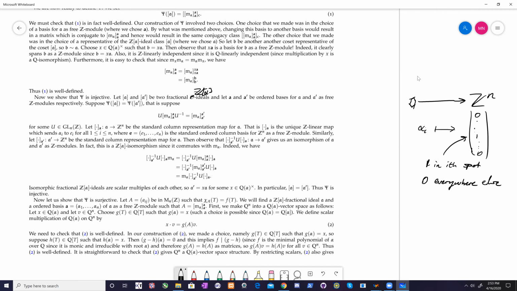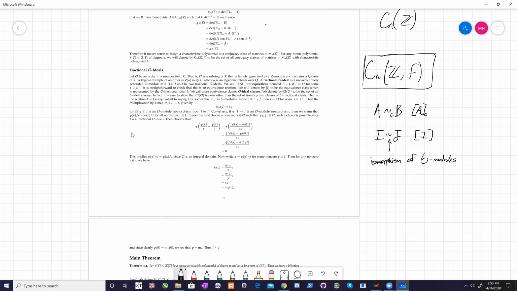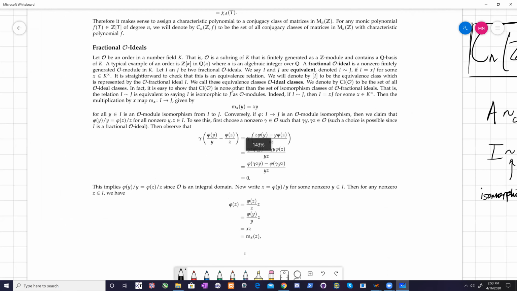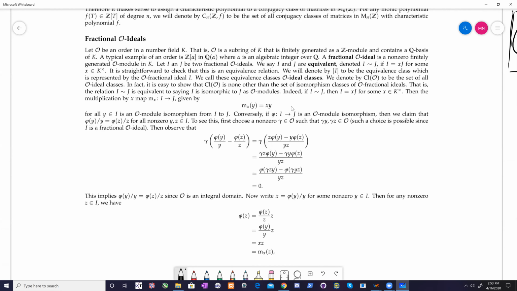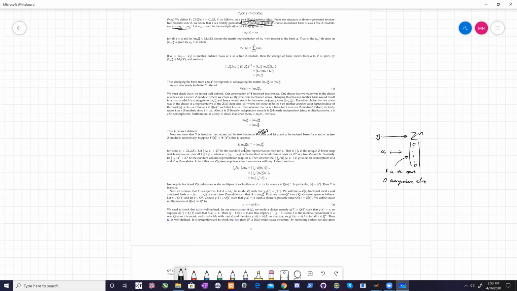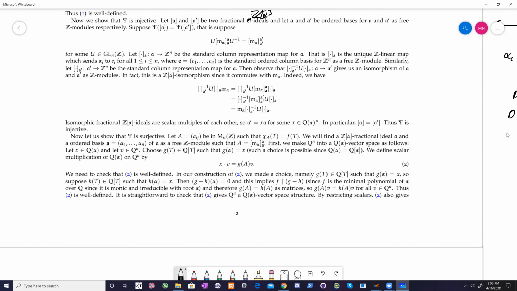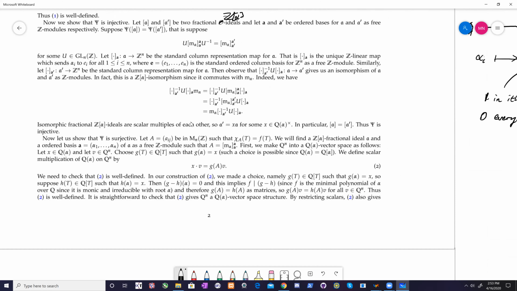And that's why, as we were talking about earlier up here, this equivalence relation, being equivalent as O ideal classes, is just being isomorphic as O-modules. Now we can come back down here and mention that isomorphic fractional Z[alpha] ideals are precisely the scalar multiples of each other.